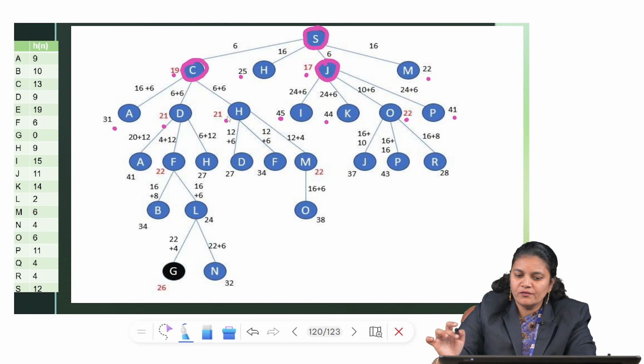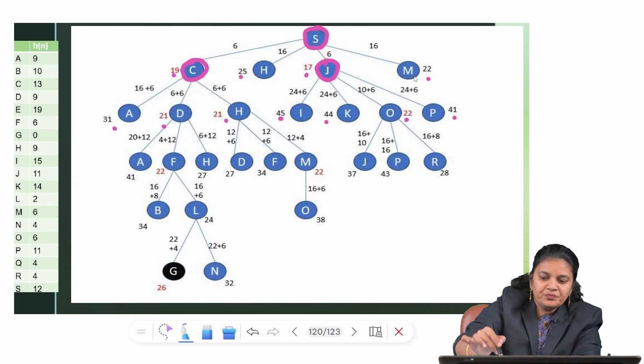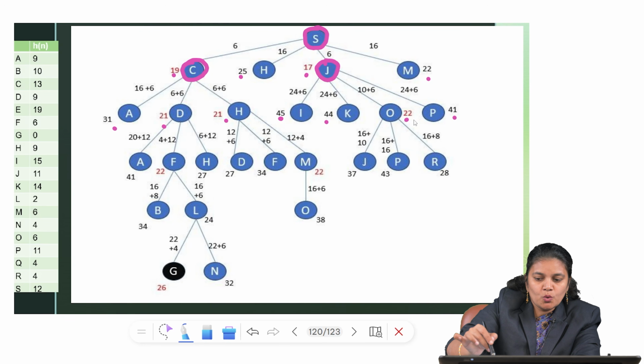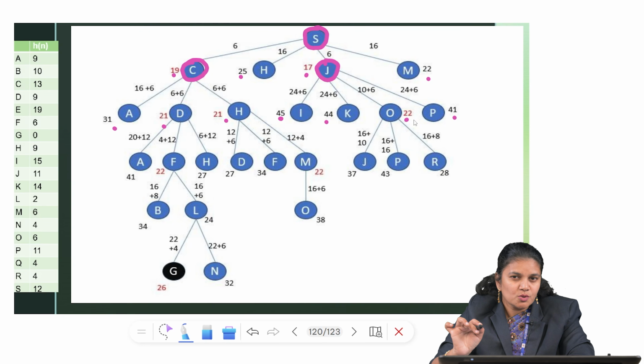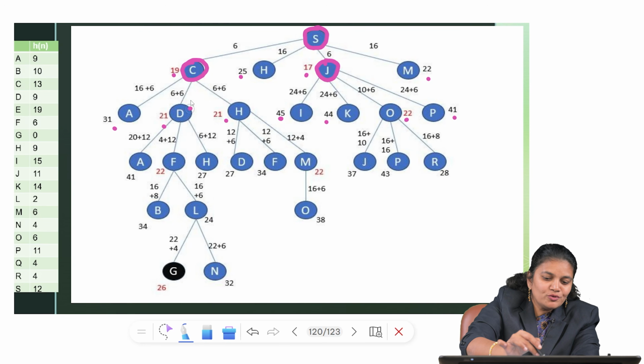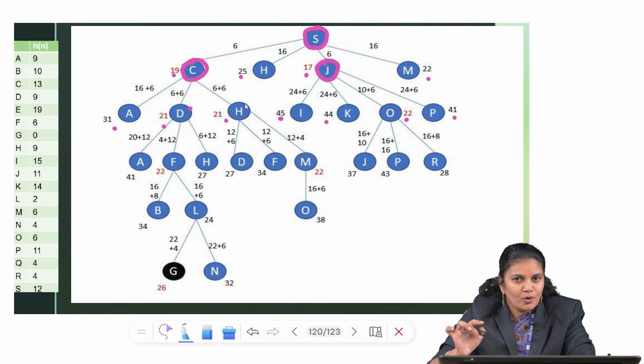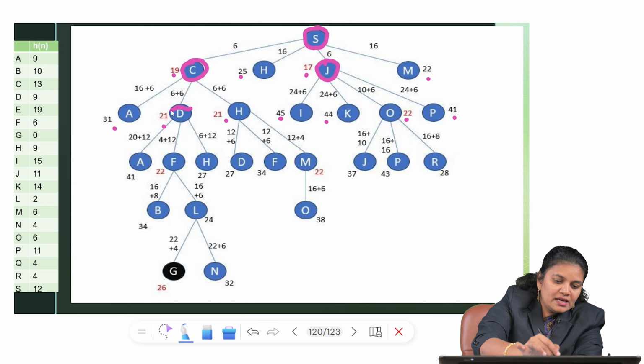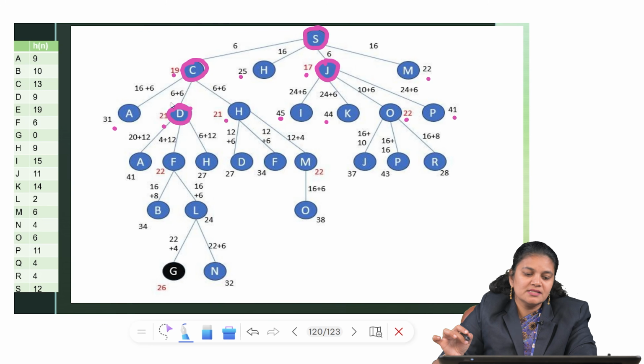So when C is explored, again 3 children it has, its values are 31, 21 and 21. Now in our priority queue we have H with 25, M with 22, A with 31, D with 21, H with 21, I with 45, K with 44, O with 22 and P with 41. So who is having the minimum value? We do have 2 options, D and H. How to select between these 2? We'll go with alphabetical order. So now D is selected and D is explored.